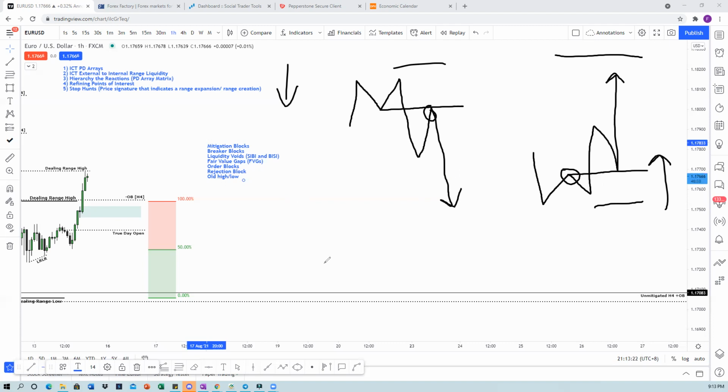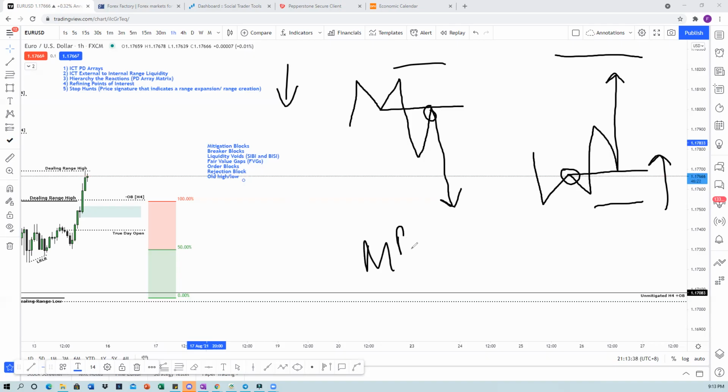Obviously, it's not going to be a reversal on the lower time frame, but on the higher time frame it shows a point of reversal. Since we're intraday traders, we can also look at it as a point of reversal from an intraday perspective. So that is a mitigation block.